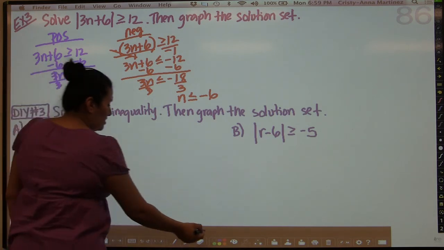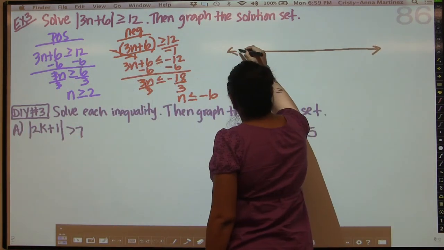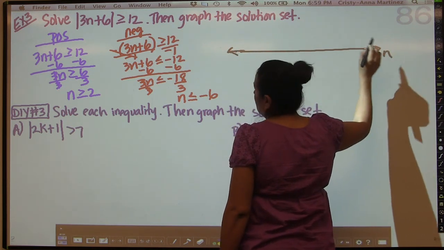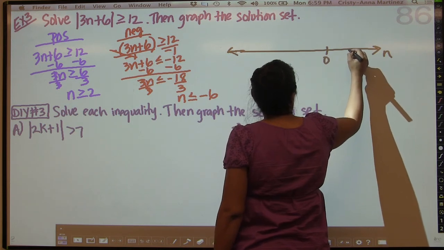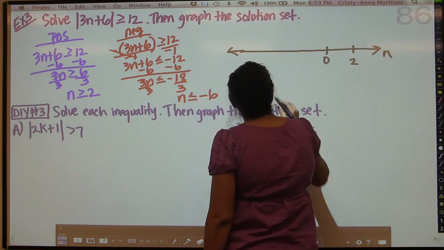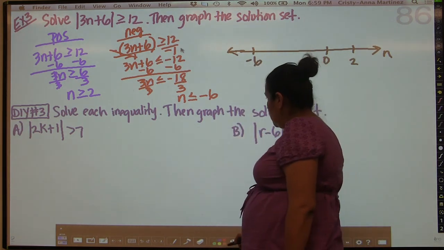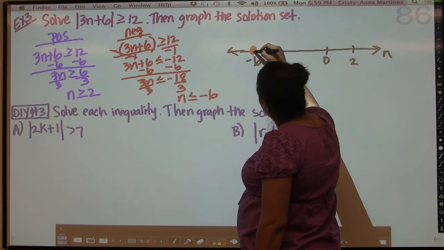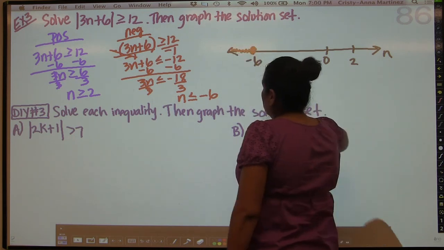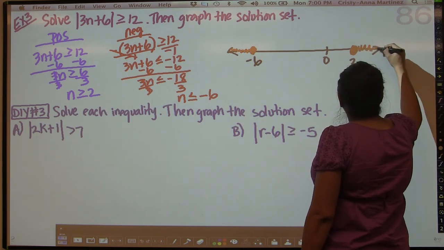Okay, so now when we graph that solution, it's going to be an or, as I said earlier. We're going to have n, maybe 0, 2, and -6. We want to be less than or equal to -6, so we'll have a closed dot, shade that way. And then n greater than or equal to 2, closed dot, and shade that way.